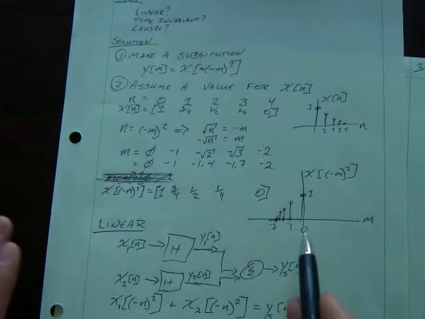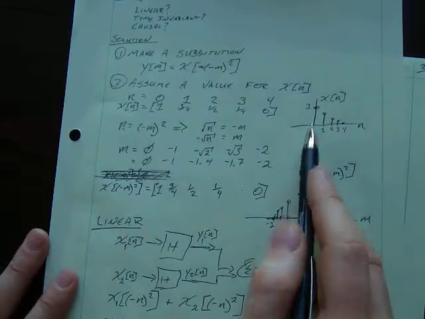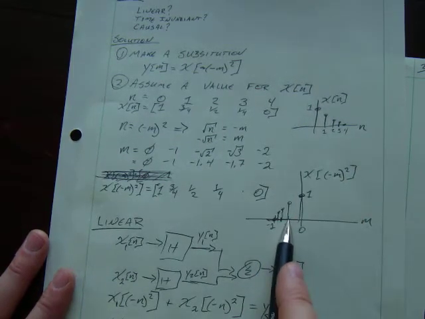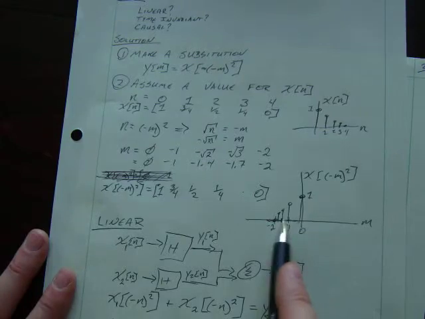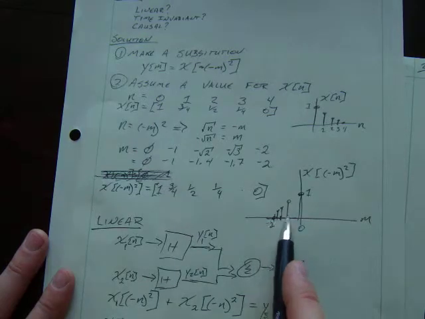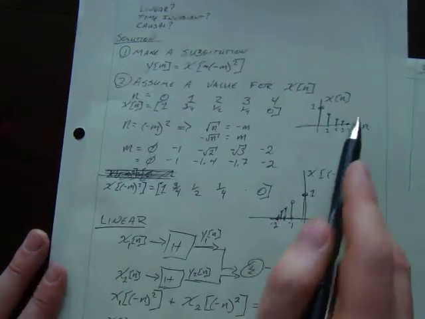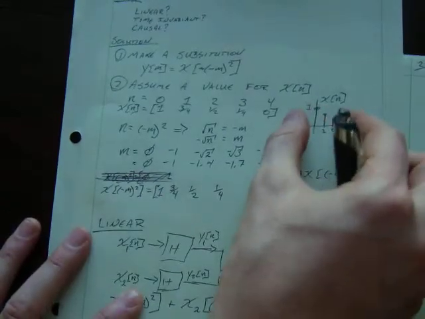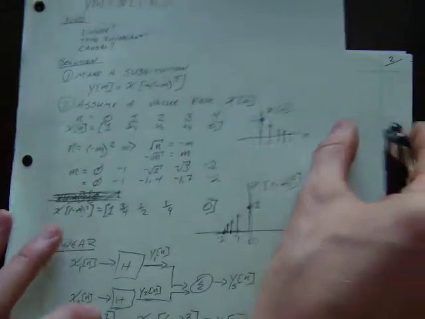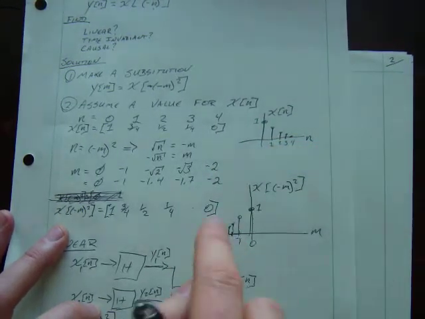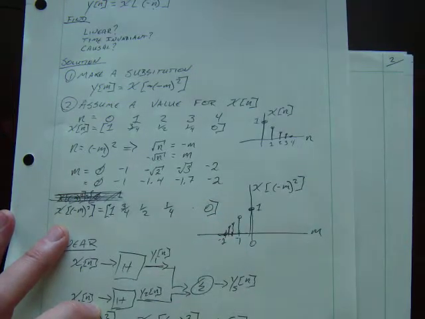But we can see from this graph, at time 0, it leaves it alone. At time 1, it does a time reversal, and the spacing is still a value of 1. But then it starts to compact it as time moves forward. So time invariant means that as you move through the timeline, you can shift it anywhere you want, and it's still going to be the same thing. If we took this input and shifted it all the way over here to the right, it's going to give us the same looking output, just shifted in time.